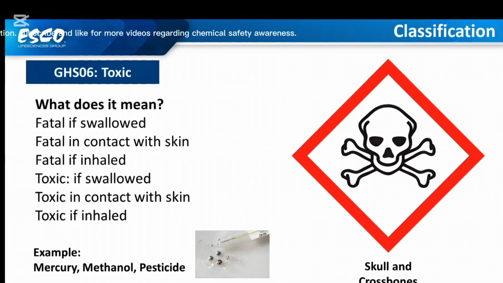And the symbol for the toxic family chemicals would be a skull and crossbones, like you see in this illustration. Again, not only is methanol flammable, but toxic as well. So various chemicals can have multiple classifications. You should be aware of this.